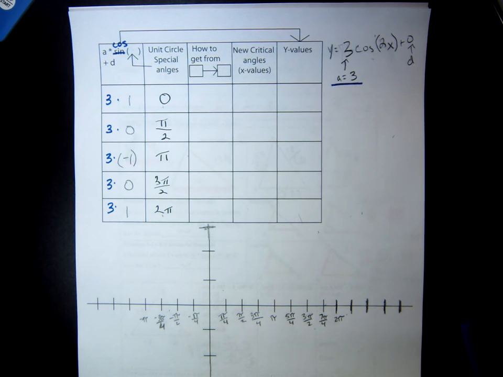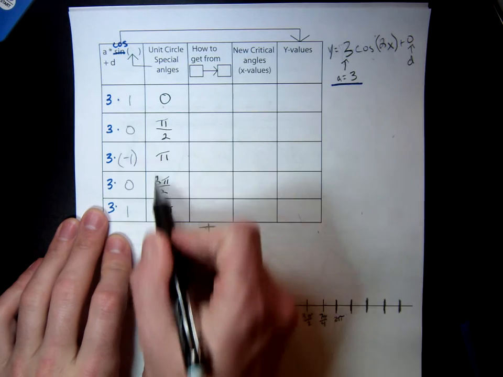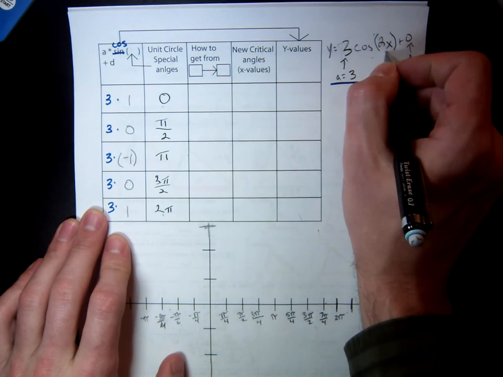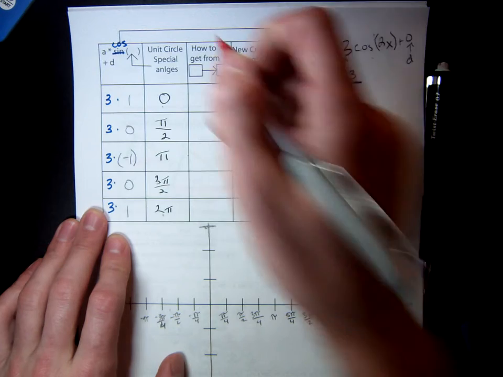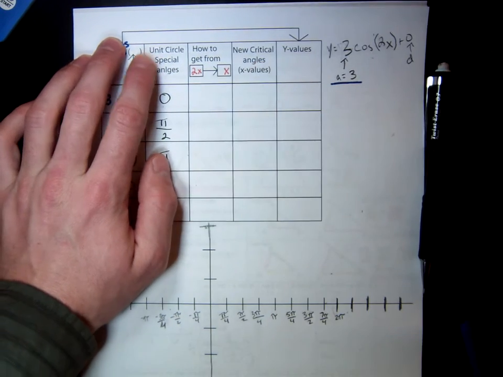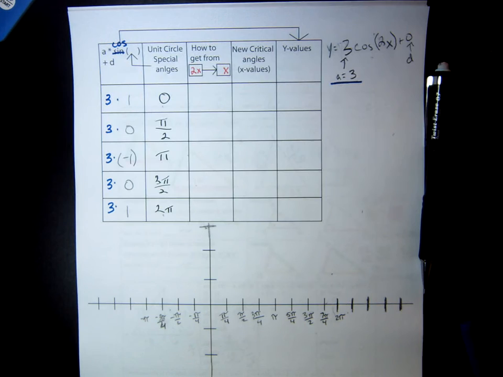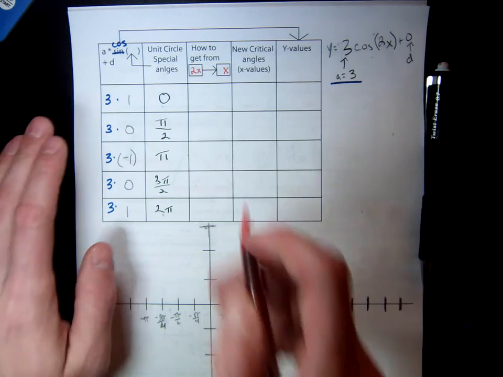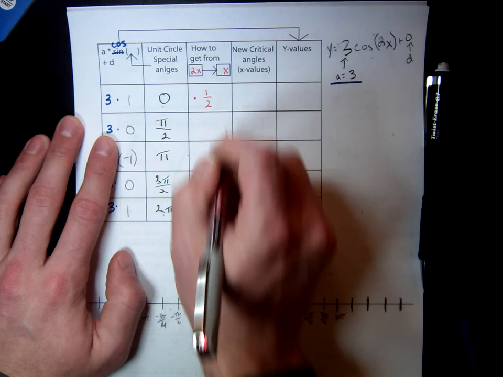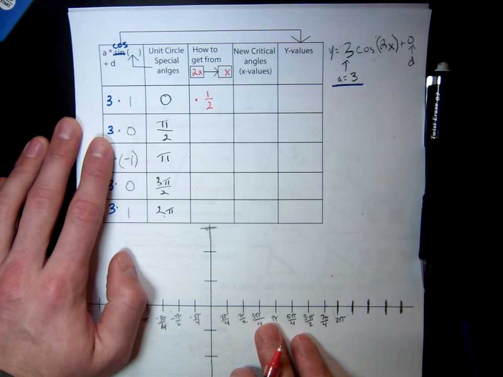Now, to determine our new angles, or our new critical values, we're going to have to figure out how to change 2x into our parent function, x. Well, hopefully you guessed that we can just multiply by 1/2. If you decided that we should divide by 2, that's the same thing.